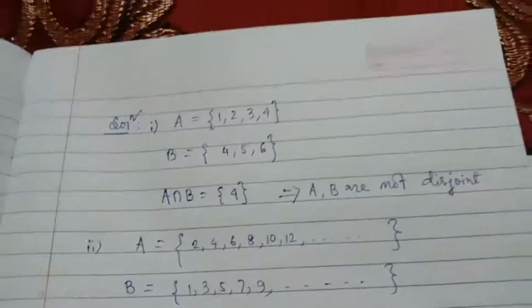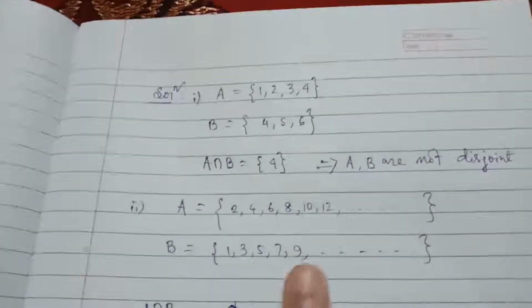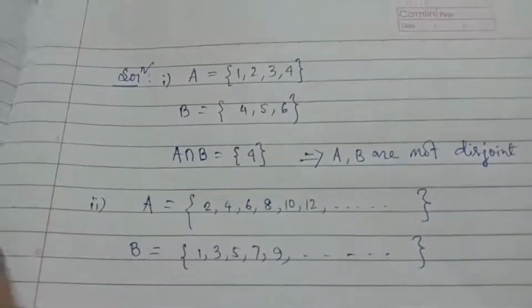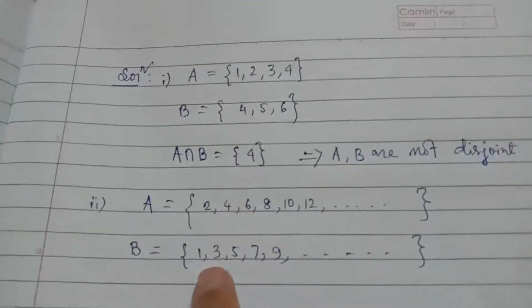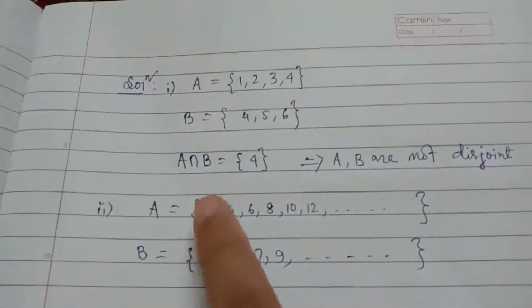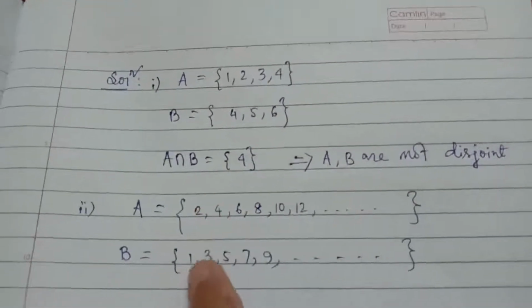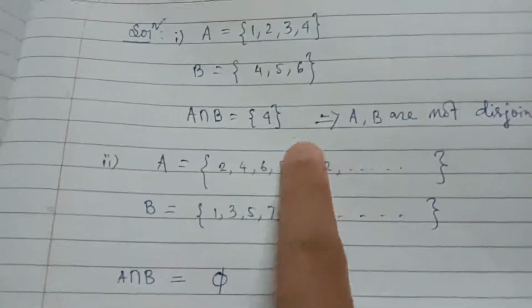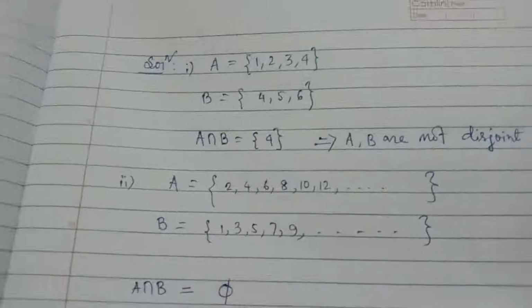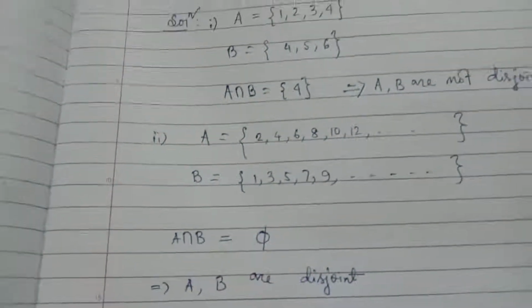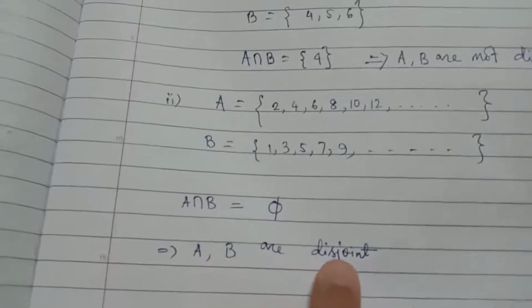What I missed, actually, I have not added the negative integers. 0, -2, -4, etc. also will be included here, and similarly -1, -3, -5, -7 also will be included in the set of odd integers. Nothing is common in these two sets. So A intersection B is empty, and therefore A and B are disjoint.